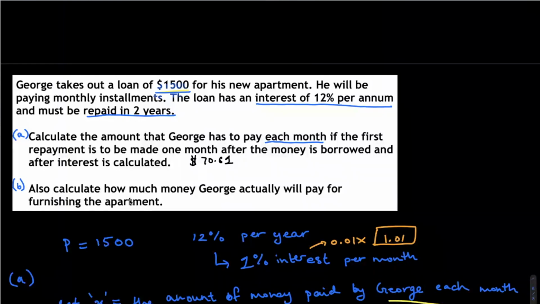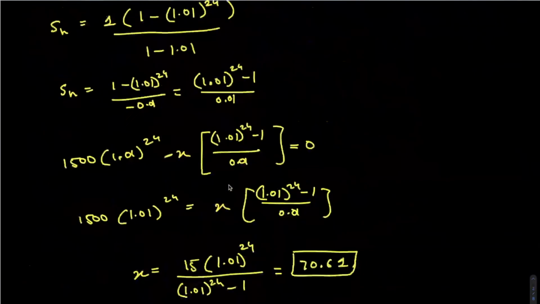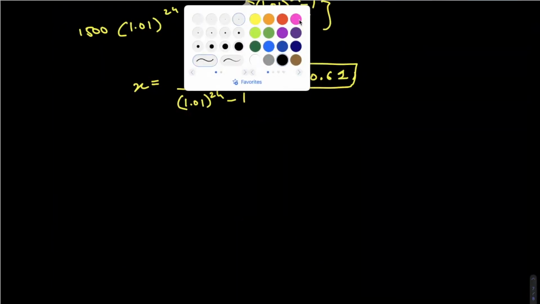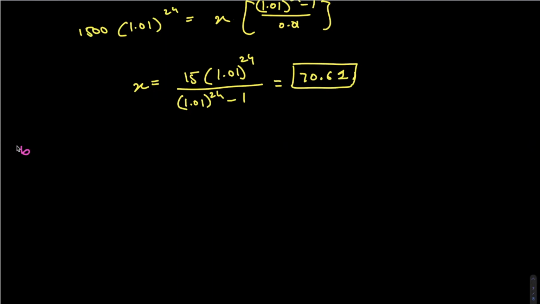Also, calculate how much money George will actually pay for furnishing this apartment. So it's actually much simpler than it looks. Let's mention part B here in a different color. I'll take pink. So part B. Now, George pays $70.61 per month.